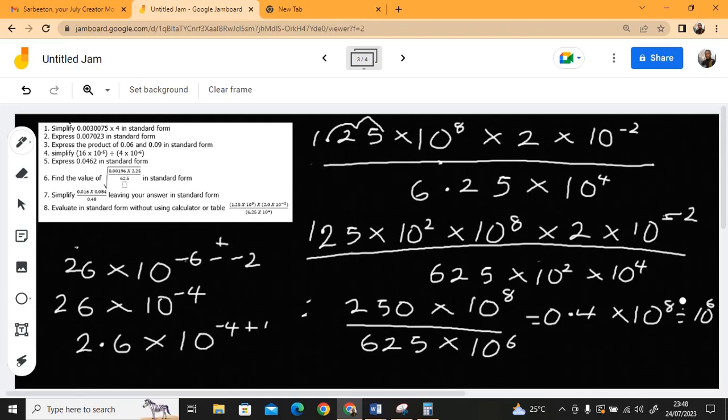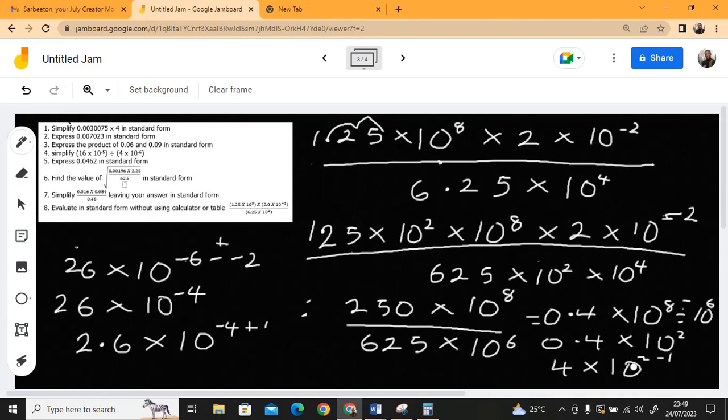Now division, I told you to be what? Minus. So you have 0.4 times 10 raised to the power 8 minus 6, that is 2. But this is not in standard form, because the first number is 0. So you move this point to the front. That will be 4 times 10 raised to the power 2, minus 1, because this thing is 0 point, it has to be minus 1.